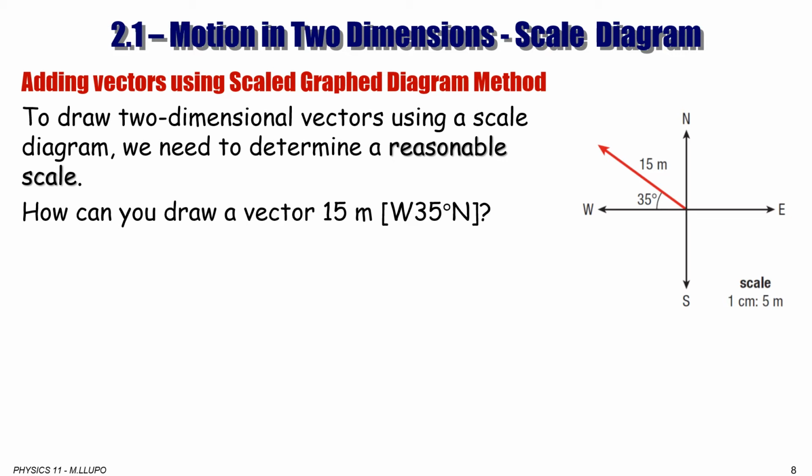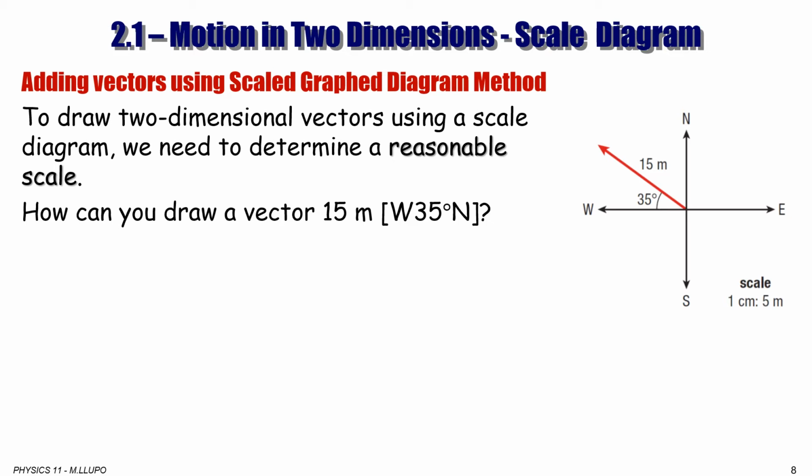For example, if 3 centimeters is too long for the space that you have, you can use a different scale, like 1 centimeter is equal to 10 meters. Now you can draw the same vector, but this time it has to be 1.5 centimeters, because when you measure back, it's 1.5 times 10 meters, which is 15 meters. So that has to match.